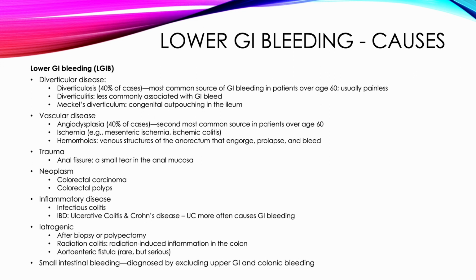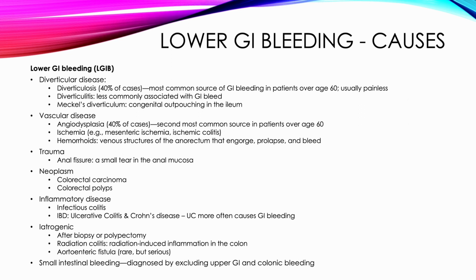Although if you see the hemorrhoid bleeding and the blood is just on the paper when they wipe, then you can think it could possibly be hemorrhoids. Trauma-related anal fissures can also cause bleeding. I've never seen an anal fissure cause significant hematochezia. It's usually a little bit of blood on the stool or in the bowl or on the paper, not mixed in with the stool.